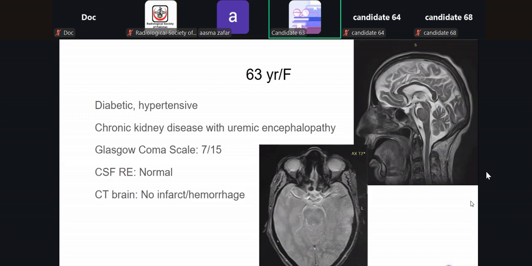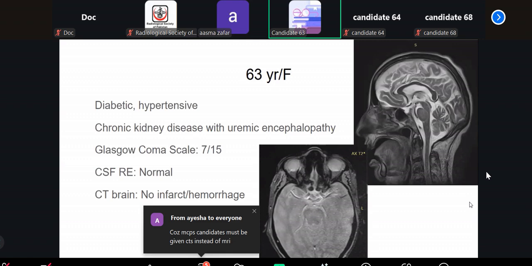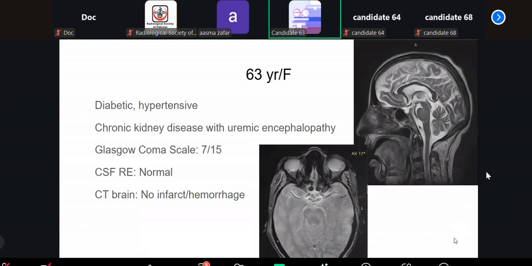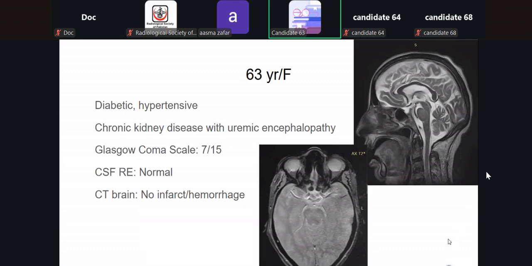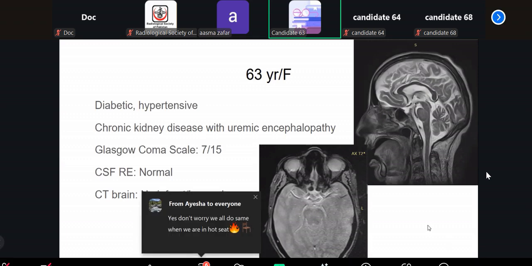In the cortical, there is loss of gray-white matter differentiation in the frontoparietal region, and the orbits are normal. The included section of spine is normal, so this can be an infarct, early infarct. Next, I would advise MRV or MRA for the patient.